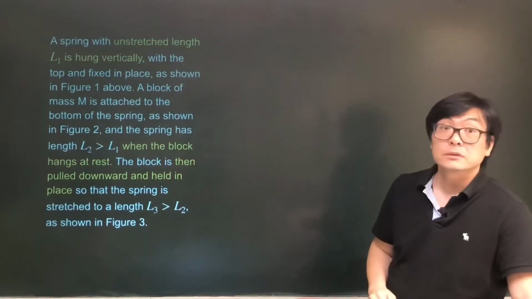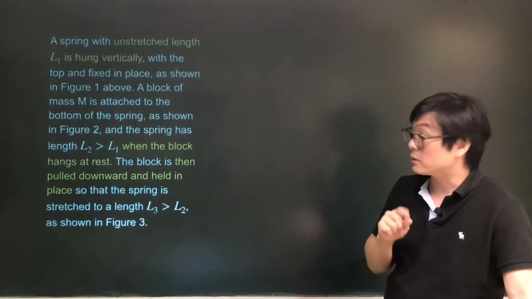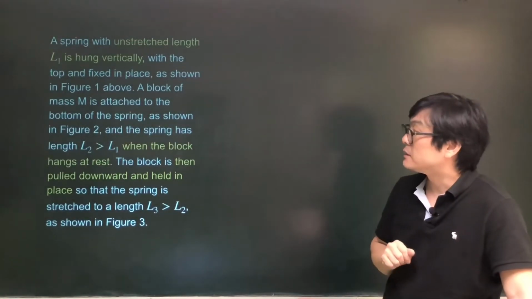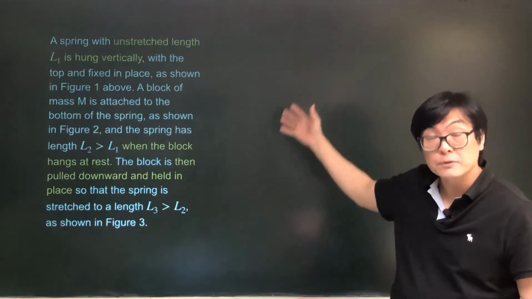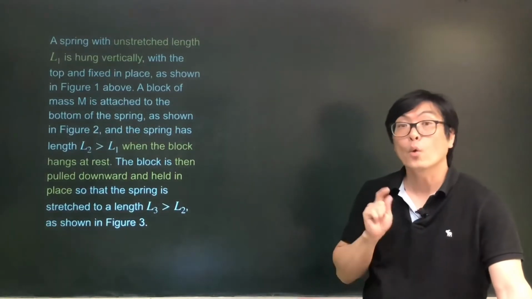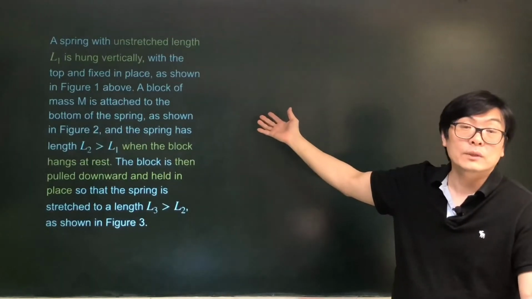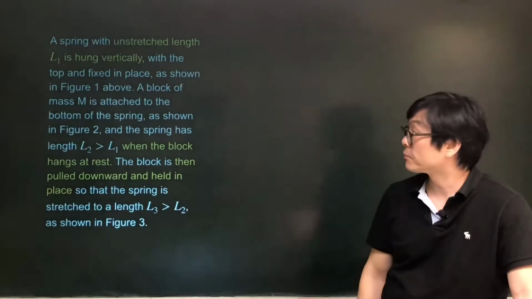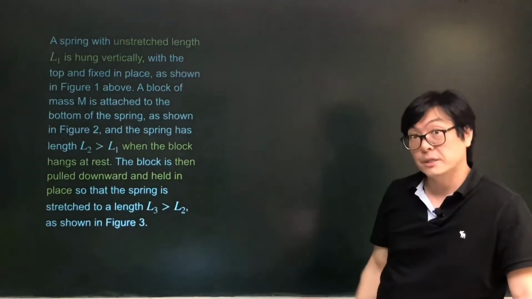If I were you, I would choose: unstretched length L1, hung vertically, when the block hangs at rest, then pulled downward and held in place. I choose these as the core words. Why? What kind of hint did you catch from there? They are all stationary, right?